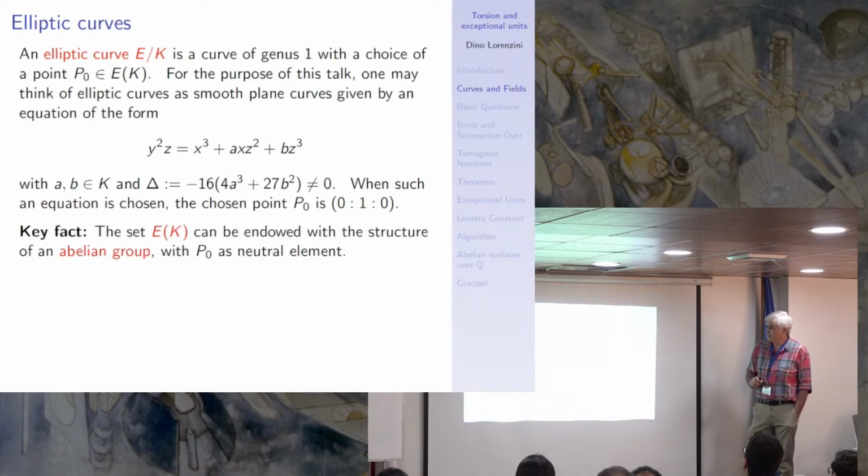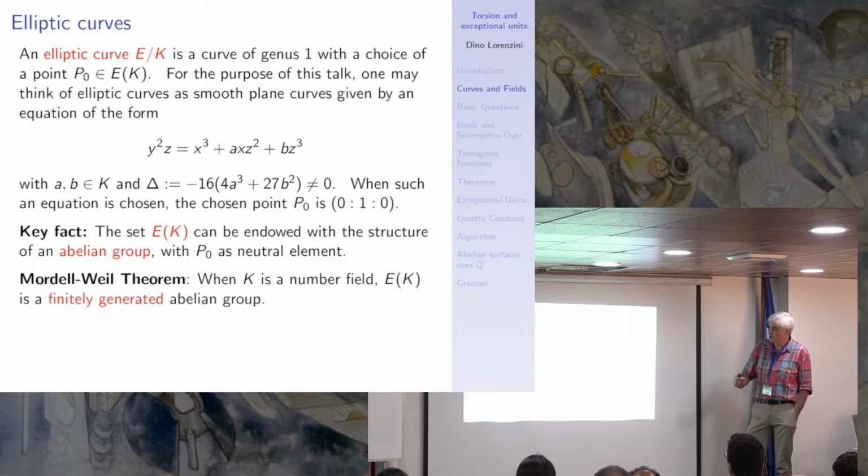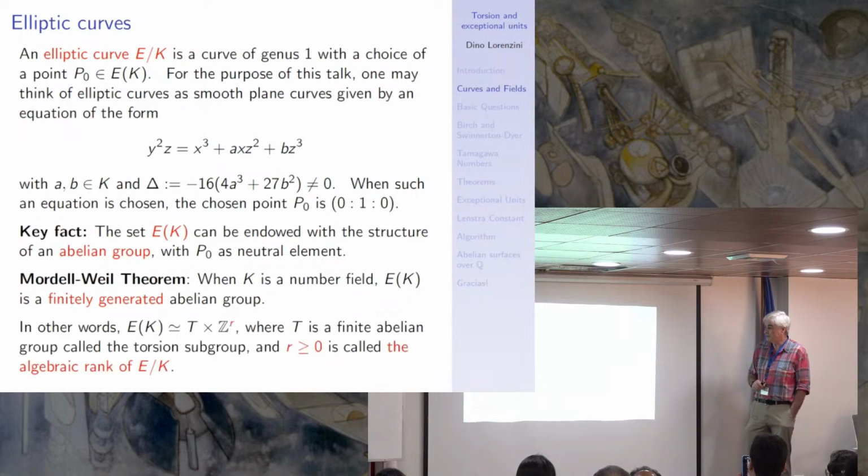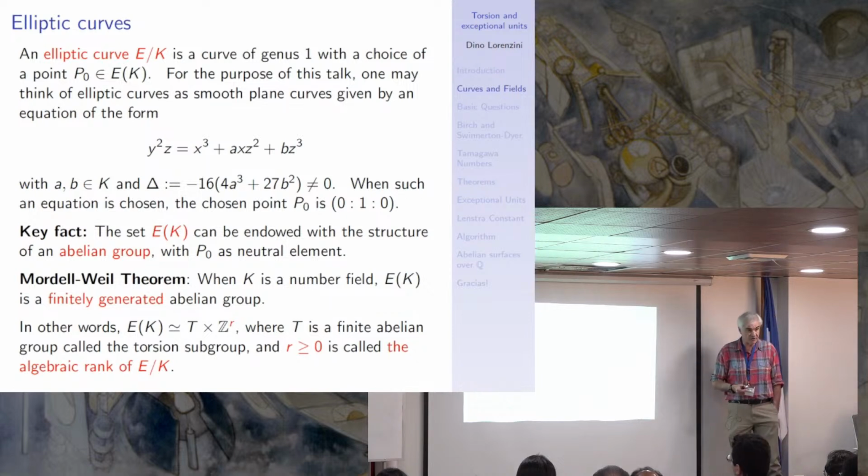The key fact is that E(K), the set of K-rational points, can be endowed with the structure of an abelian group, with P0 the neutral element. And the Mordell-Weil theorem says it's a finitely generated abelian group, so you can rewrite it as T, the torsion subgroup, a finite abelian group, times Z^R, and this R is called the algebraic rank of E(K).